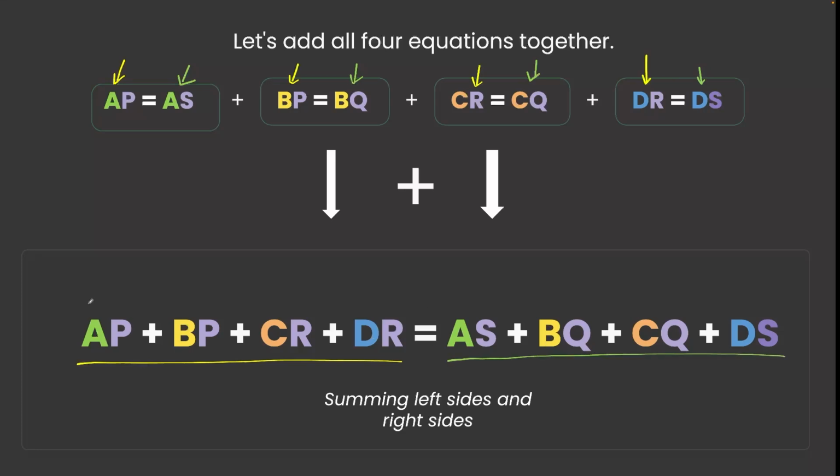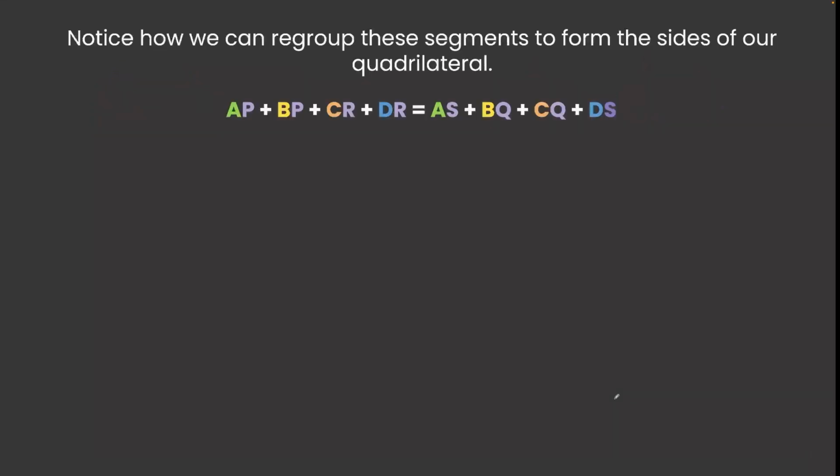And why does this work? Because these pairs are equal, right? AP is equal to AS, BP is equal to BQ, CR is equal to CQ, and DR is equal to DS. That's how we're able to do this. Now let's see what we can do with this. We have this equation: AP plus BP plus CR plus DR equals AS plus BQ plus CQ plus DS.